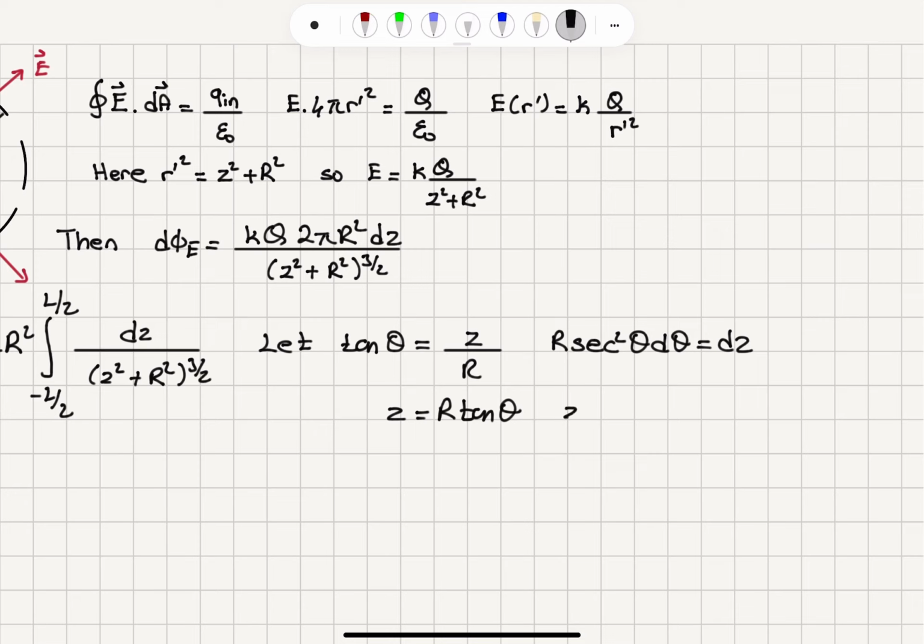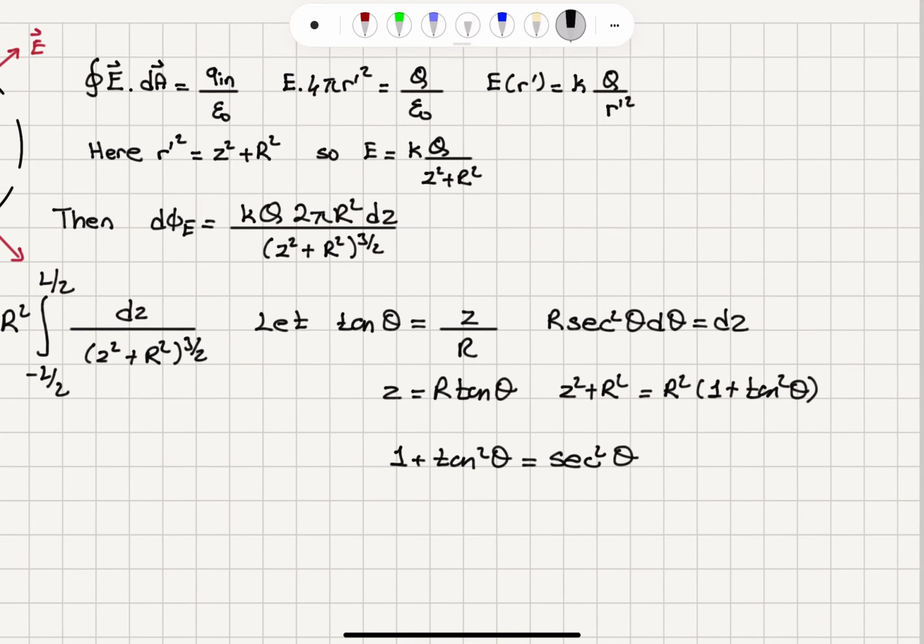And what is z square plus R square then? It's going to be R square times parentheses 1 plus tangent square theta. And I know that 1 plus tangent square theta, by trigonometric identity, is secant square theta.